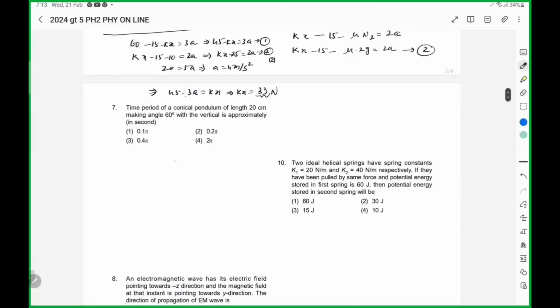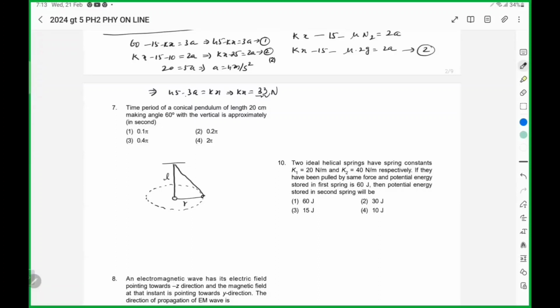It's a conical pendulum which moves in a horizontal circle of radius r. L is the length of the pendulum.